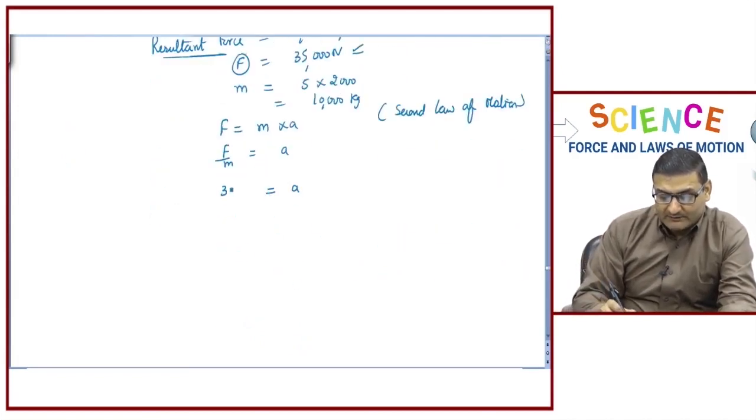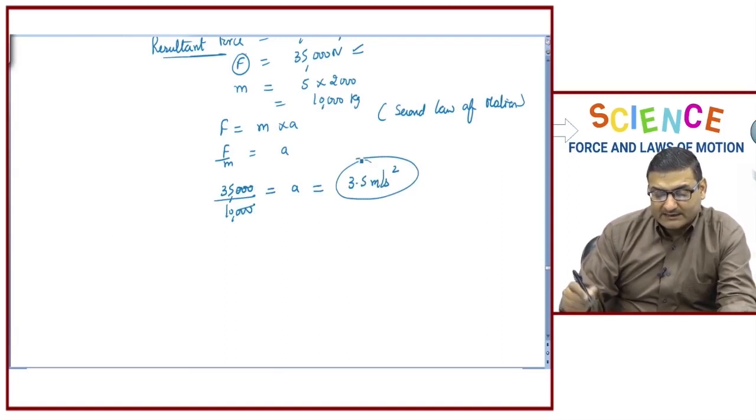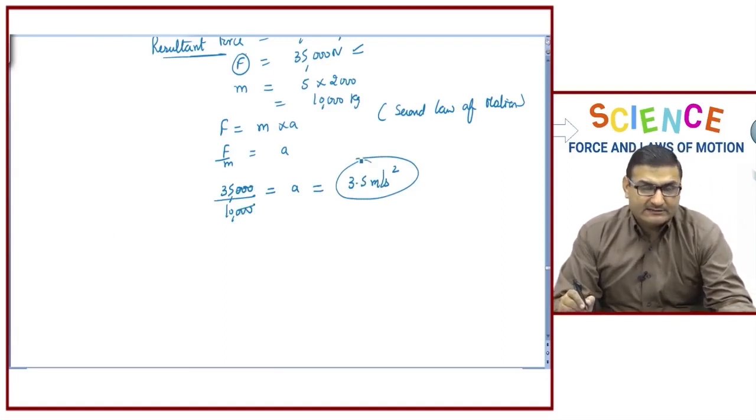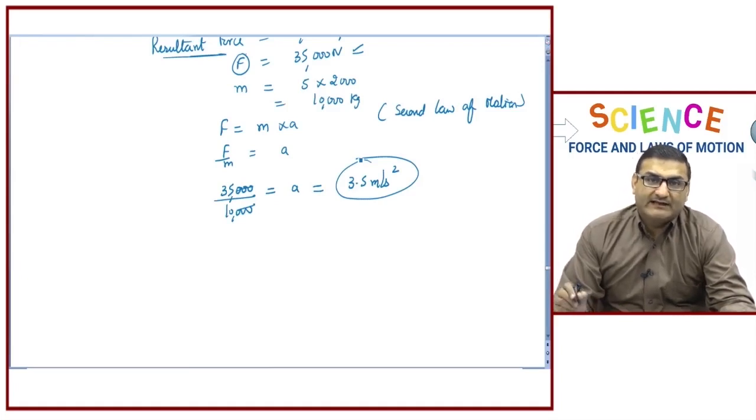The force we have calculated to be 35,000 Newton. The total mass was 10,000. So the acceleration is 3.5 meter per second square.